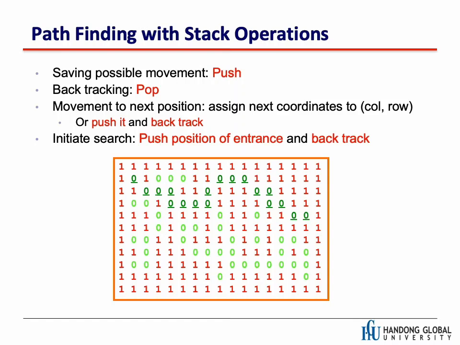Then at 2,4, we have 1, 2, 3, 4 options. At this point, we don't have the right one, so we will choose the next one, the diagonal direction.